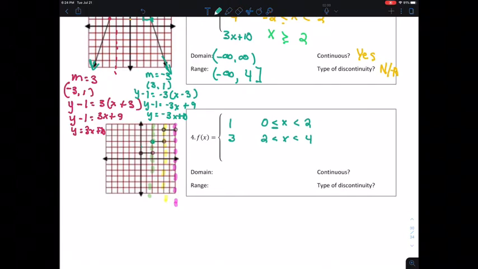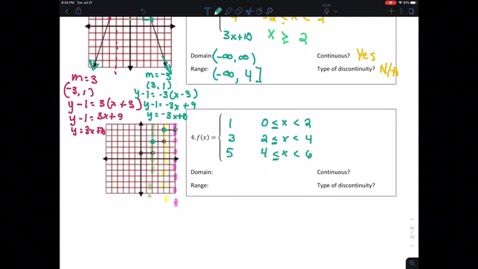This is a closed circle, so that one will be less than or equal to. The last one is open, and then the last one is at 5, and it's between 4 and 6. And again, this is a closed circle, so it's less than or equal to.